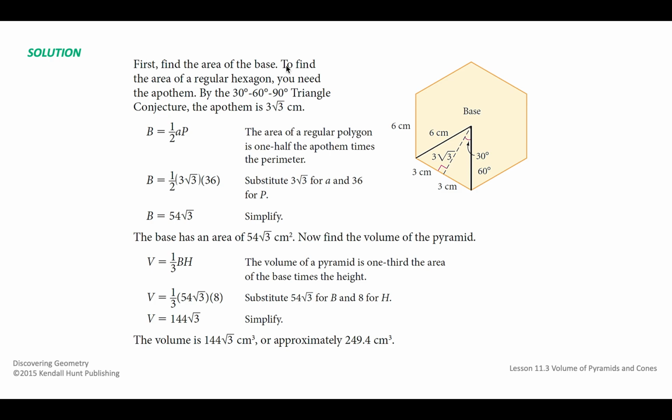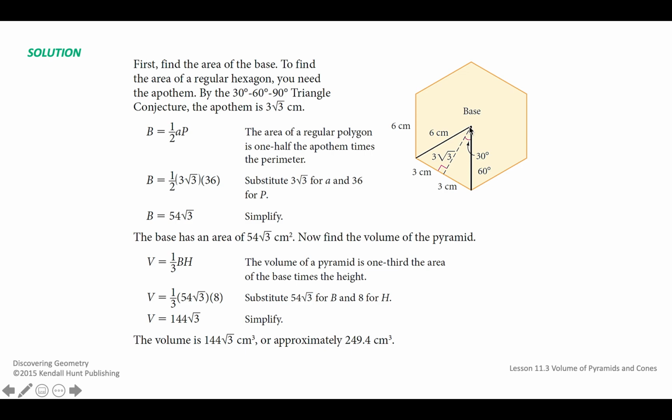What they tell us that's useful here for figuring out the apothem is, if you split the hexagon into triangles, each of these is an equilateral triangle.